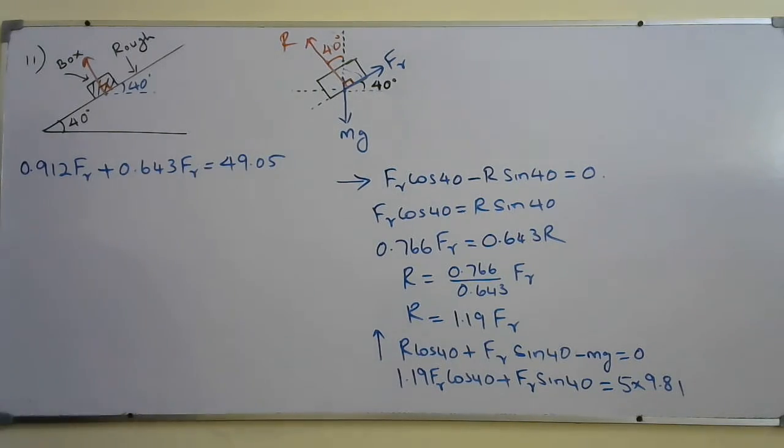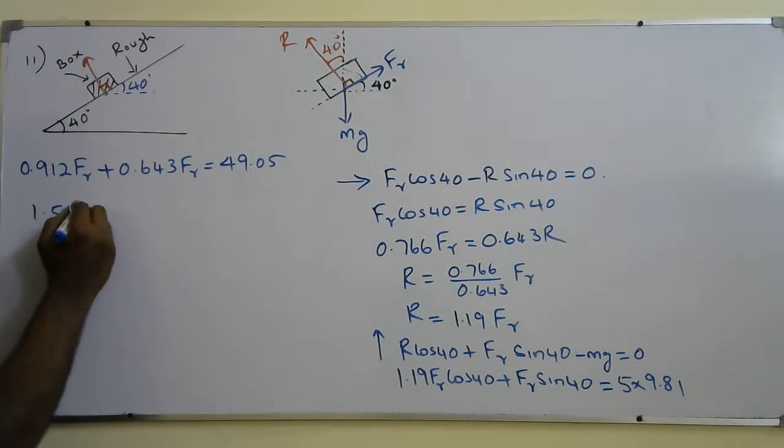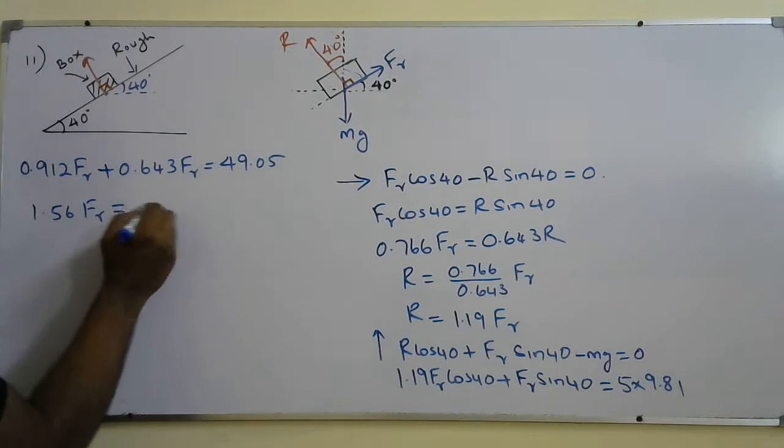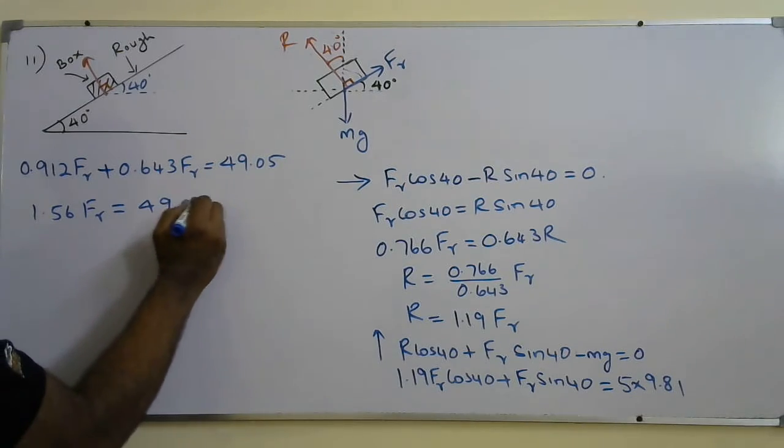So solve this one. 0.643 plus 0.912, that will be 1.56 Fr equal to 49.05.